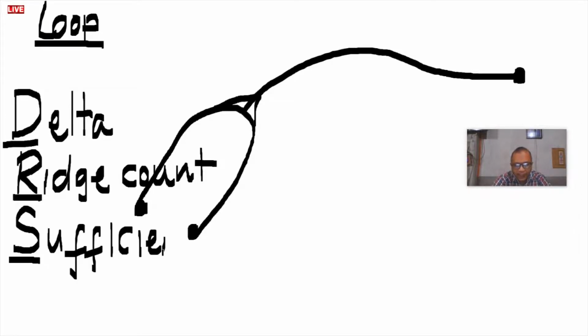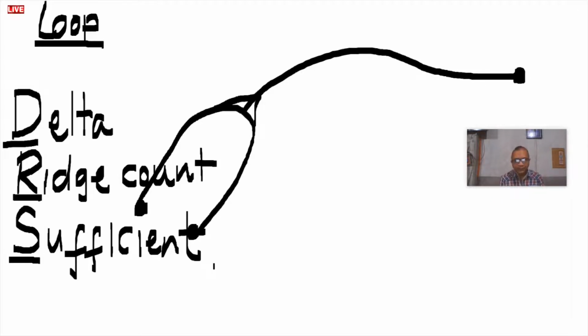So, matawag natin na ang isang pattern ay looping formation if we have these three essential elements of a loop: delta, ridge count, and sufficient recurve. Our attachment for us to remember this DRS is the medical instrument that we call a stethoscope being used by doctors. So, madaling matandaan, no?